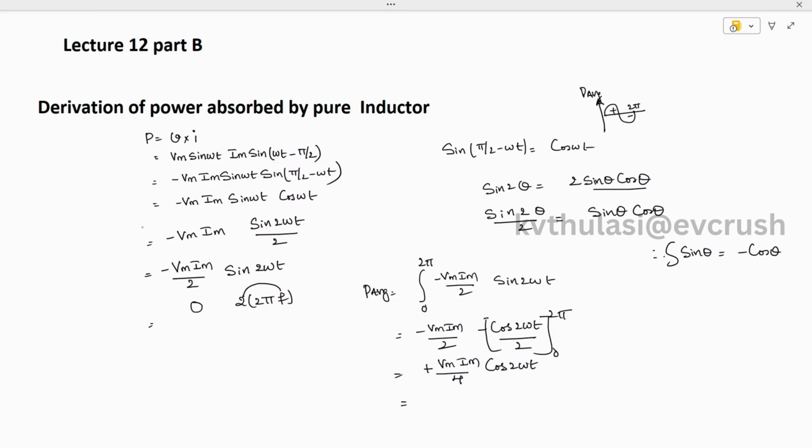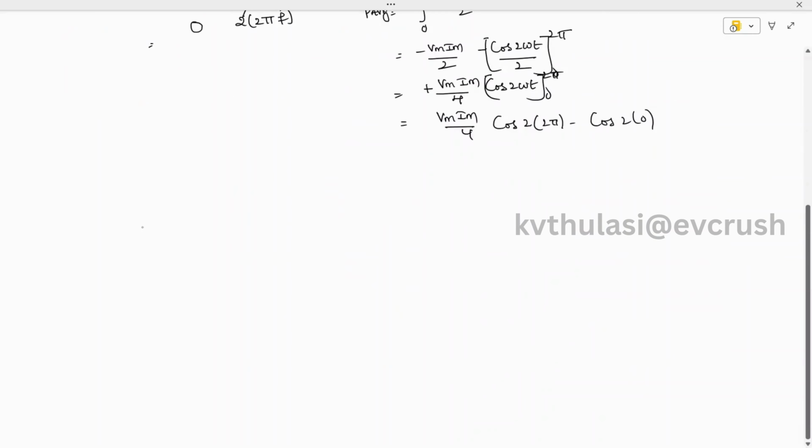Substituting the limits, we have cos(2 into 2 pi) minus cos(2 into 0), and the equation is simplified.